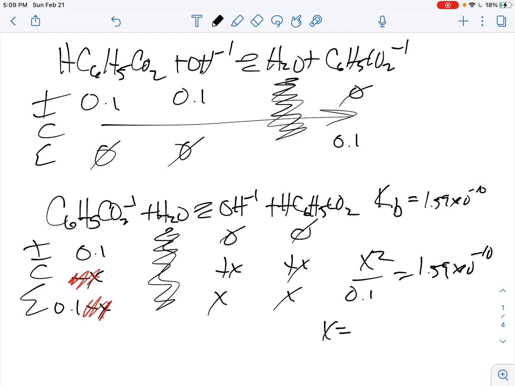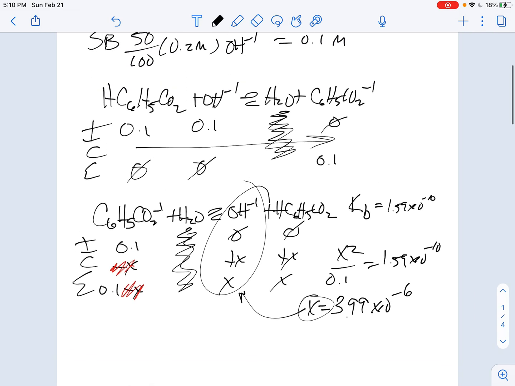And so x is equal to that number times 0.1, and then square root that guy. You're going to end up with 3.99 times 10 to the negative 1, 2, 3, 4, 5, 6, it looks like. 399 times 10 to the negative 6th, and that x is the same thing as OH negative.